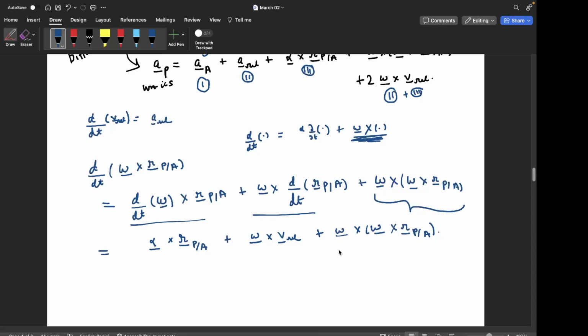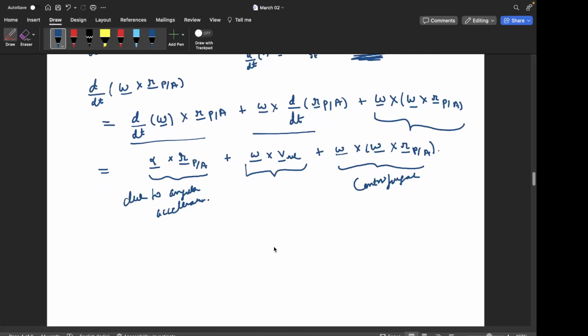This is due to angular acceleration. And what is this? We will just see. This term, as I said, also comes when we differentiate VREL.